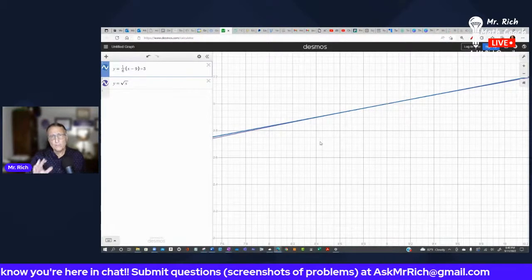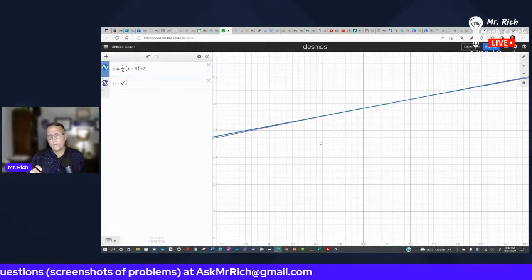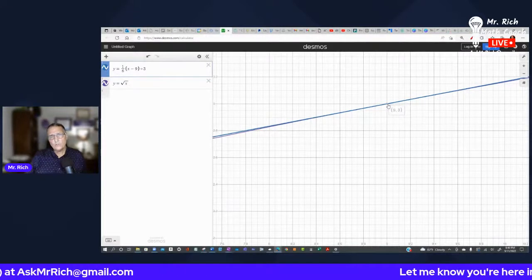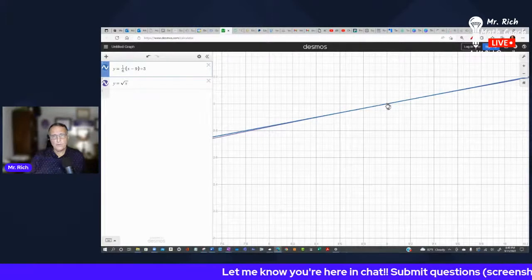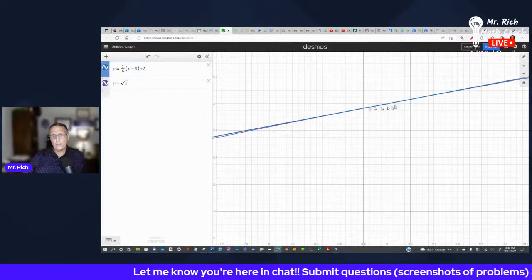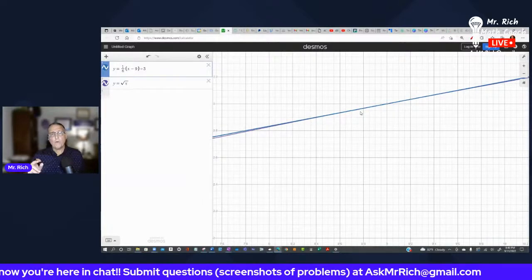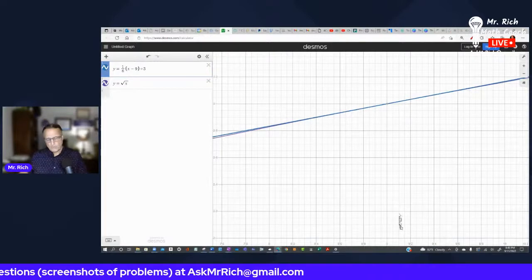One of the uses that we have for tangent lines is they allow us to make approximations for y values of the function when I'm really close to the point of tangency. And so that's what I want to do now. I want to use this tangent line to make an approximation for the square root of 9.1.